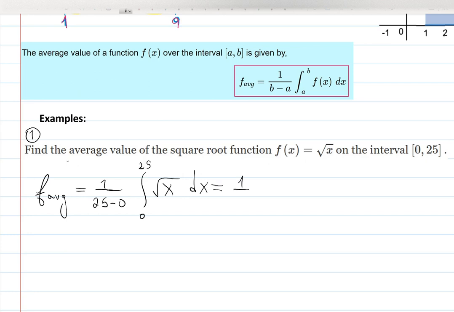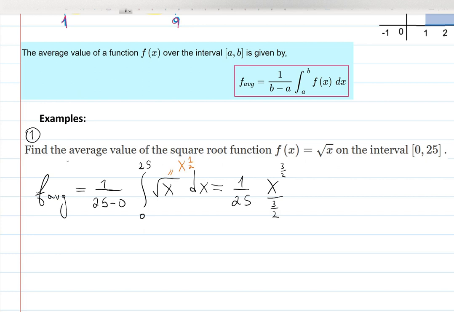The number in front of the integral is 1 over 25, and now let's integrate the square root of x. If you're not sure how to do that, rewrite it as x to the 1/2. The integral of x to the 1/2 is x to the 1/2 plus 1, that's 3/2, over 3/2.